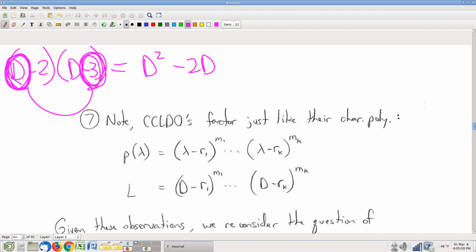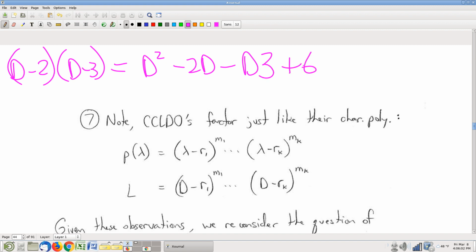You're supposed to just whip those constants out to the front because that's just what you do in high school algebra. At this point, we don't know that works, and so I have to say minus D3. And then plus 6. So can I rewrite this? Can I combine these into minus 5D? Well, what I need to be able to do there is commutativity.